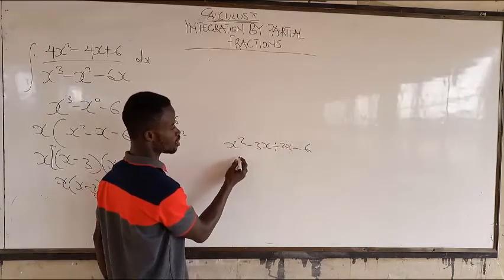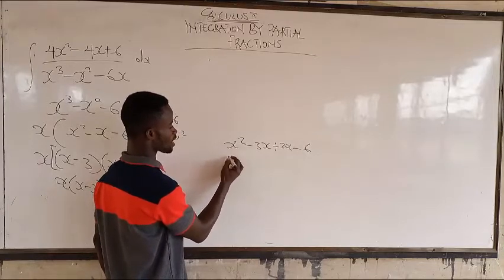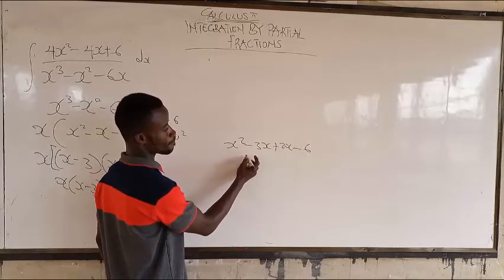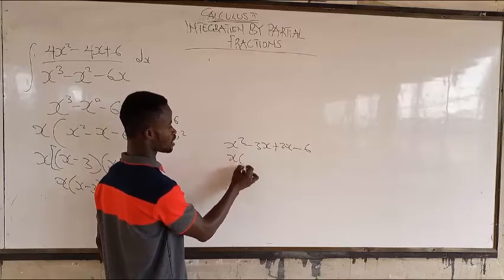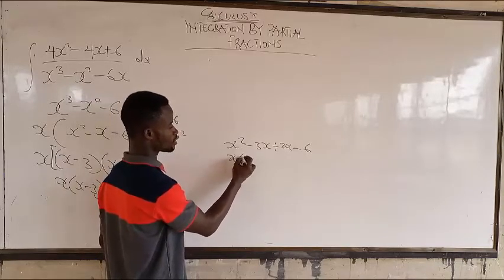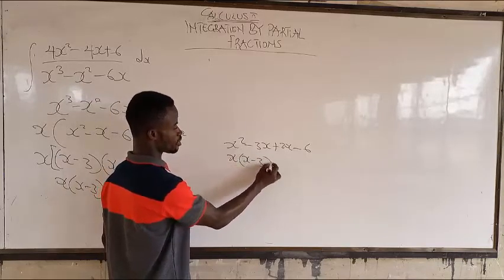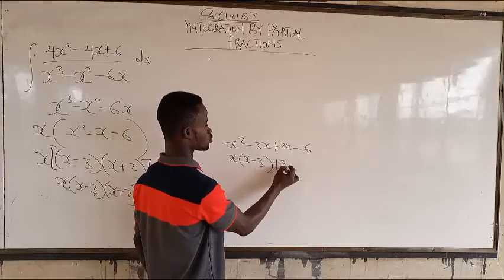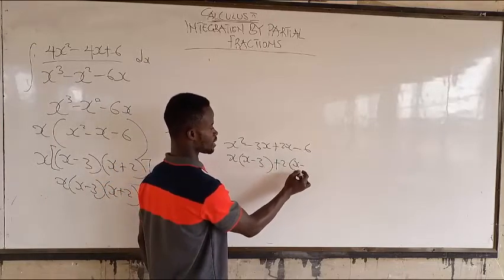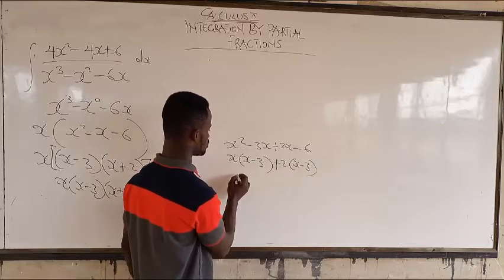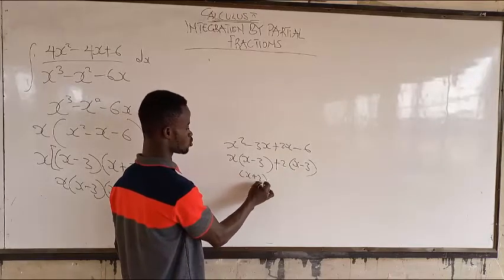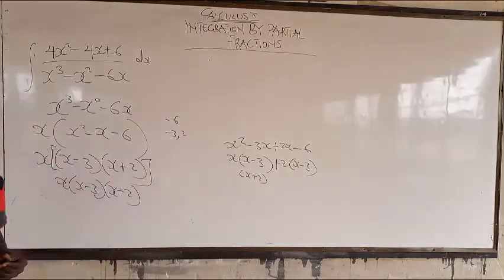So here we can factor s out, so that we get s minus 3 plus 2 out, s minus 3. So we get s plus 2, s minus 3. Oh, it's correct.